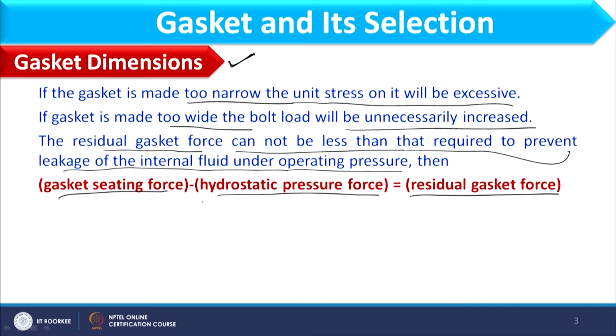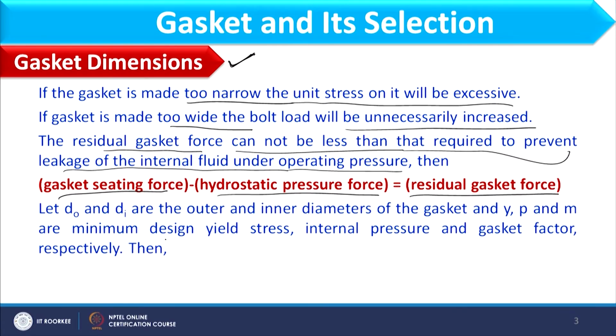Now, I will write the expression of all these, but before that we have to discuss a few related parameters. Let DO and DI be the outer and inner diameter of the gasket, and Y, P and M be the minimum design yield stress or seating stress, internal pressure and gasket factor respectively.